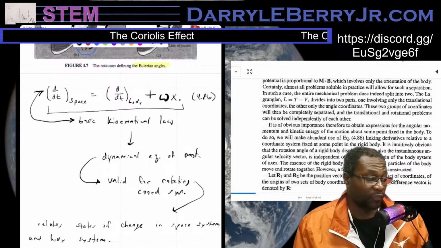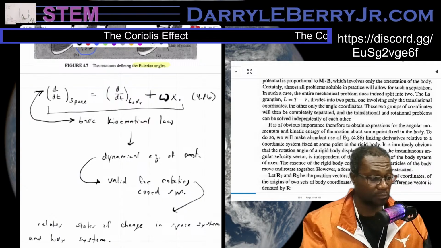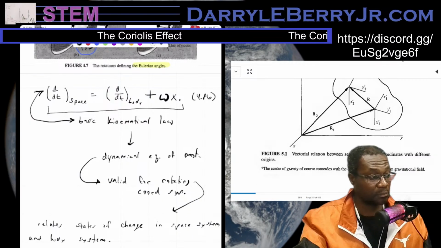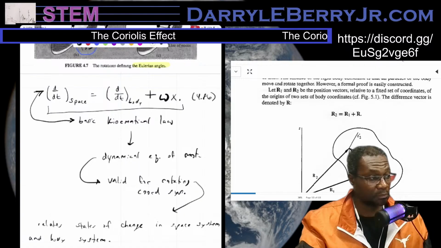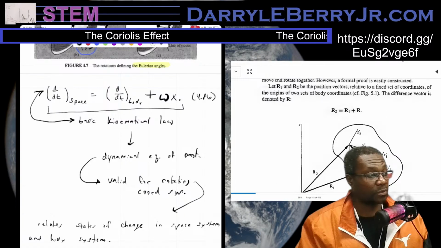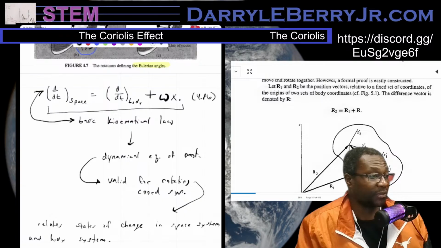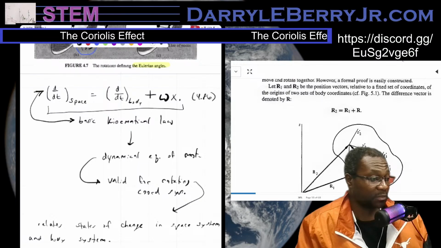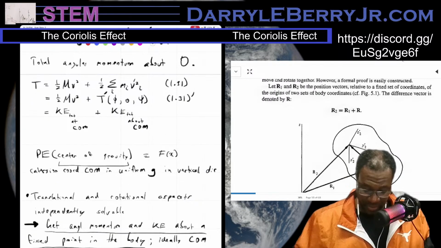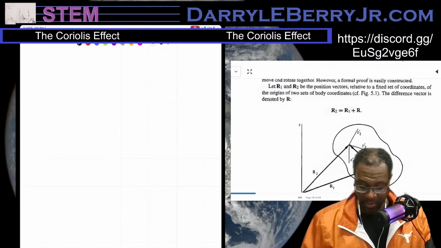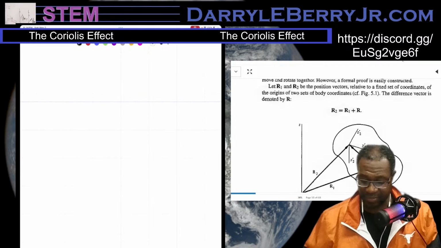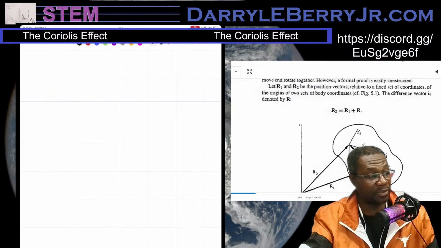However, a formal proof is easily constructed. Let R1 and R2 be the position vectors relative to a fixed set of coordinates of the origins of the two sets of body coordinates. Right? So we have a single body, but we're treating two parts of that body as separate things.